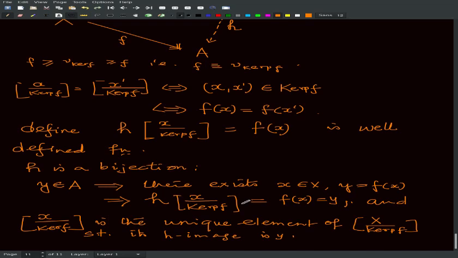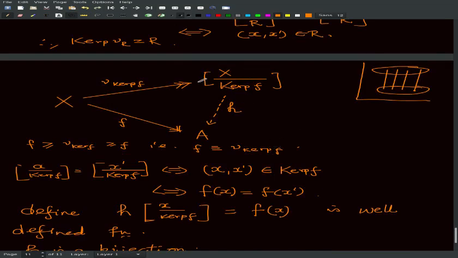Right? So what do I do? I therefore take this equivalence class of x, and I know how to map H. So y is actually an H image. But I am saying this is the unique one. Why? Because if I have any other member of this factor set... Now remember, how was this factor set constructed?